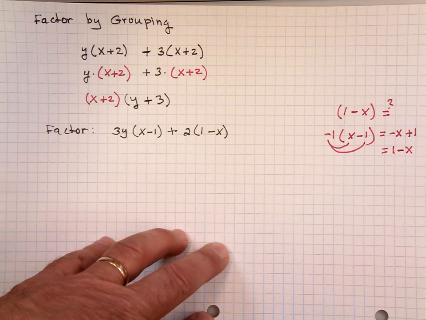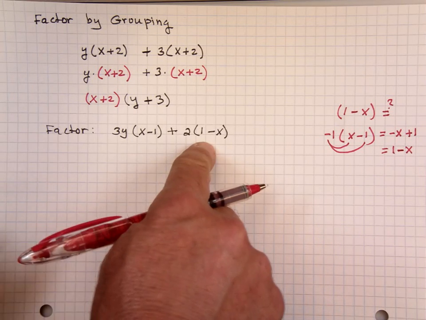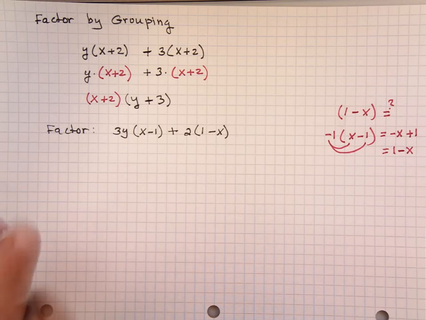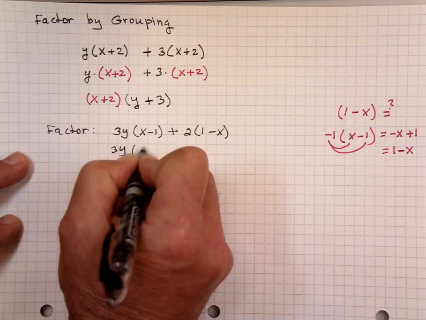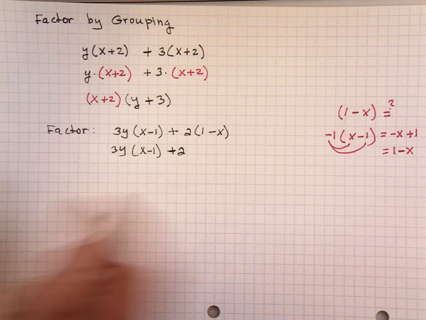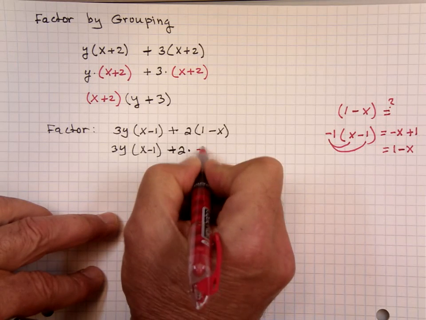So I can use that logic here, and I can say, you know that 1 minus x? I'm going to make that two times, in place of that, I'm going to replace that with negative 1 times x minus 1.